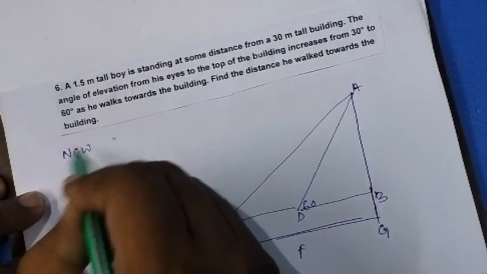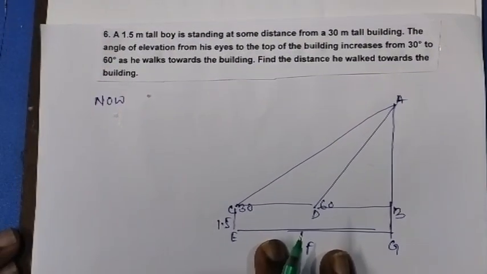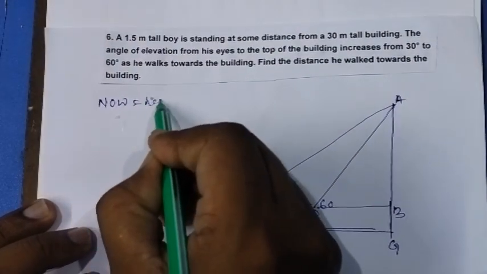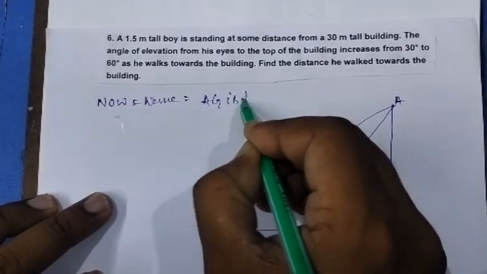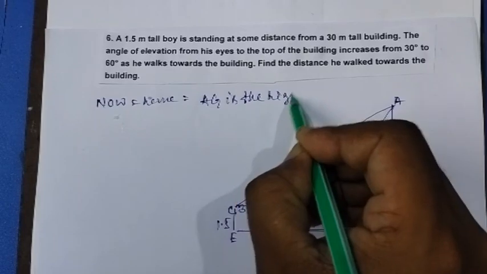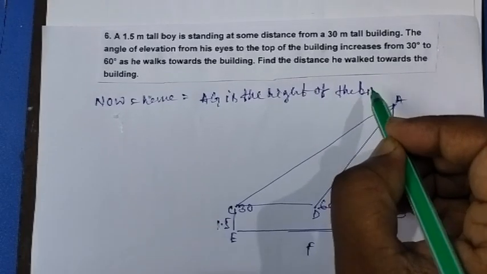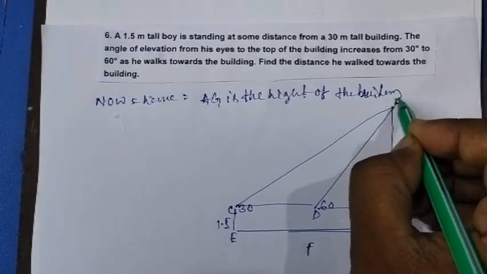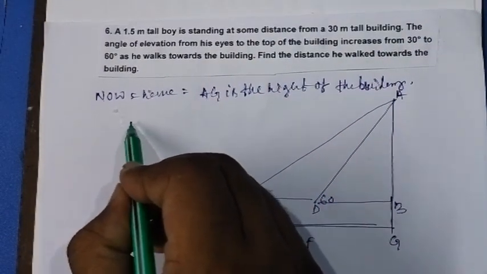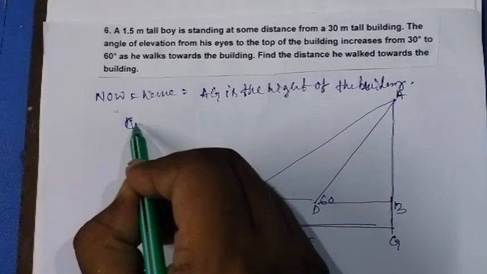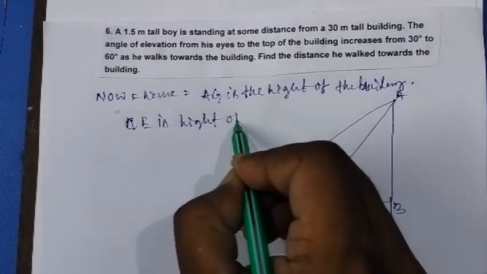Now here AG is the height of the building. CE is the height of child.